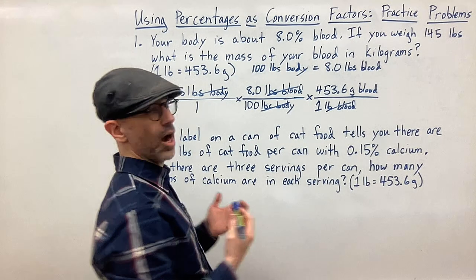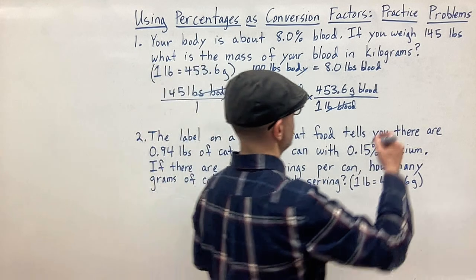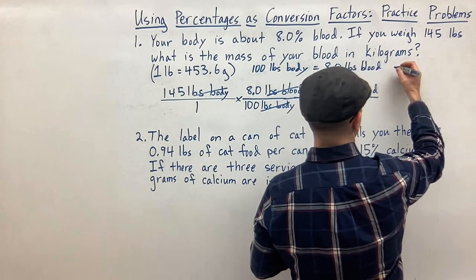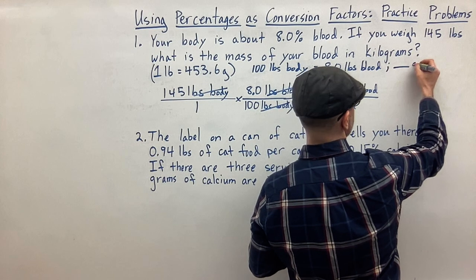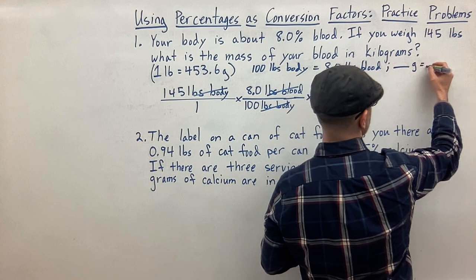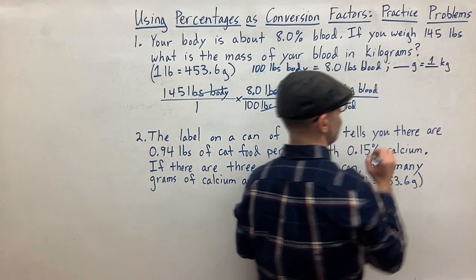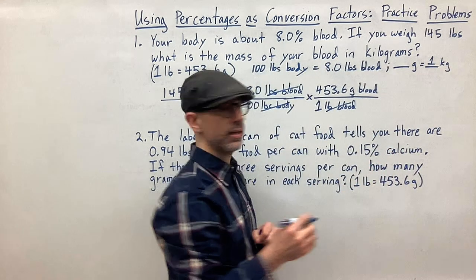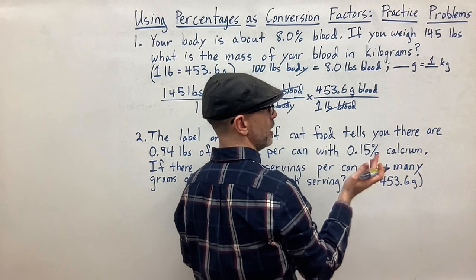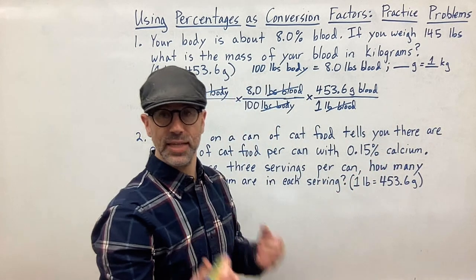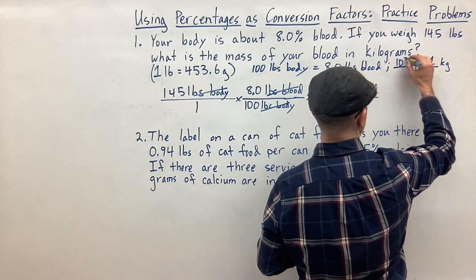And again, we need to know our conversion factors between grams and kilograms. And so you would set that up like so. I know that there's a certain number of grams that is equal to a certain number of kilograms. I always put the 1 with the prefix and the prefix multiplier, in this case kilo, which means 10 to the 3 or 1,000, is going to be with the grams.